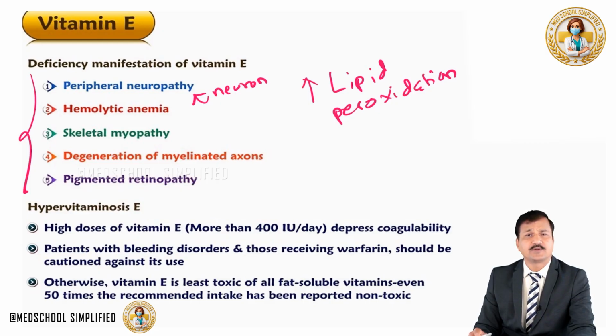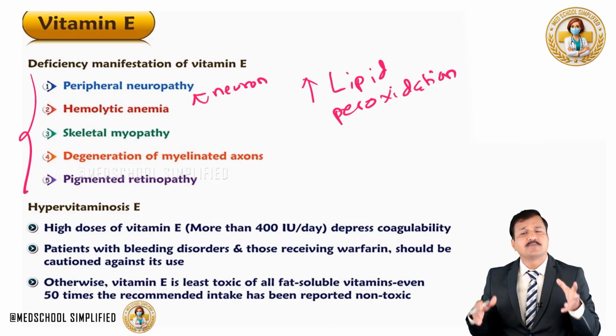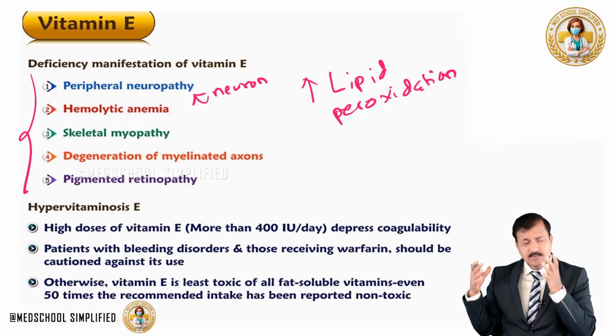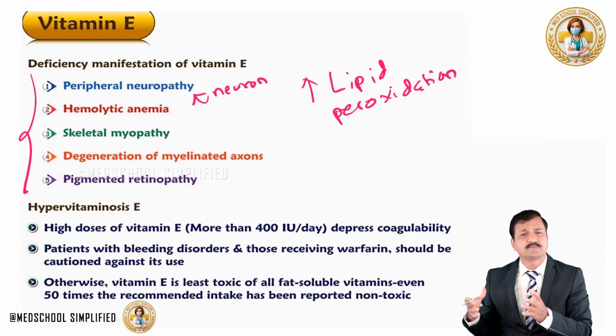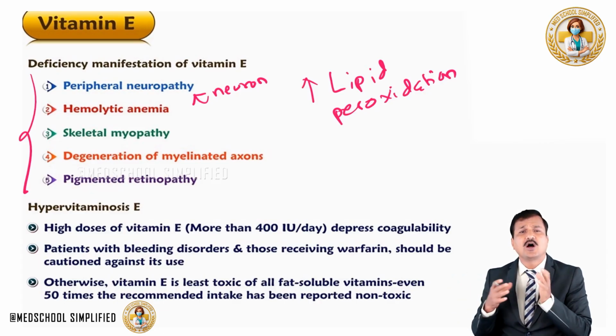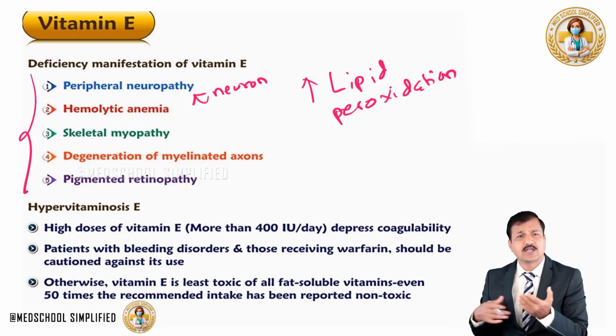What are the peripheral neuropathy signs? Patients may show decrease in sensation, especially in the distal limbs. That is decrease in vibration sense, touch, temperature, pressure.